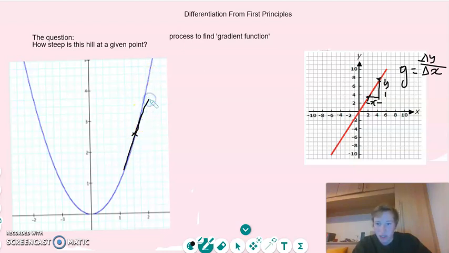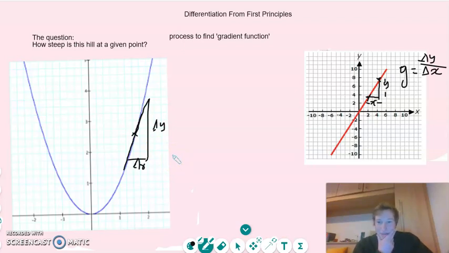Once you've drawn your tangent, you can draw your triangle and do change in y divided by change in x, in the same way that we did this. But the problem with drawing tangents is it's not very accurate. In maths, we want to be really accurate. So we want to mathematically draw a tangent. So we're not really drawing a tangent, but we're going to define a tangent.